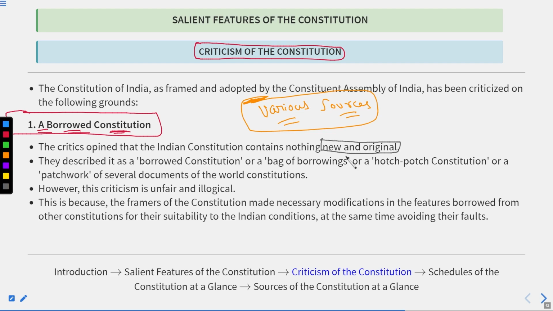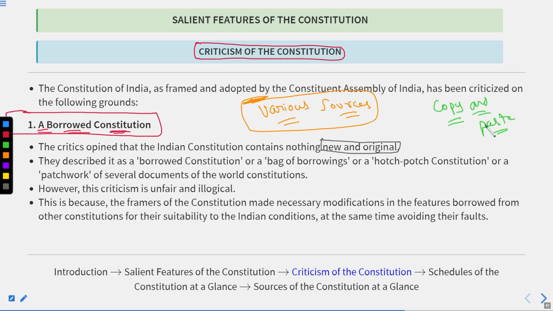It means that the critics emphasized that when we were drafting our constitution, our main aim was copy and paste. Instead of making something new, we just did copy and paste.